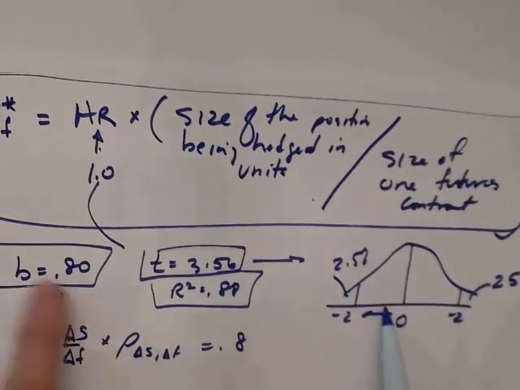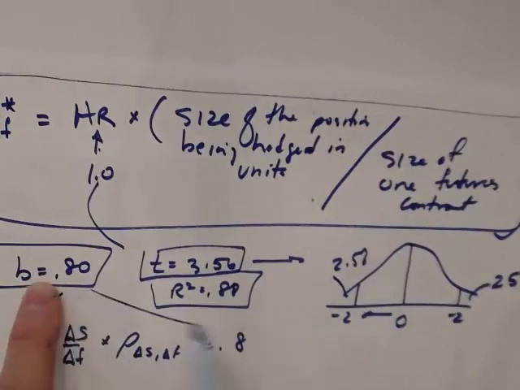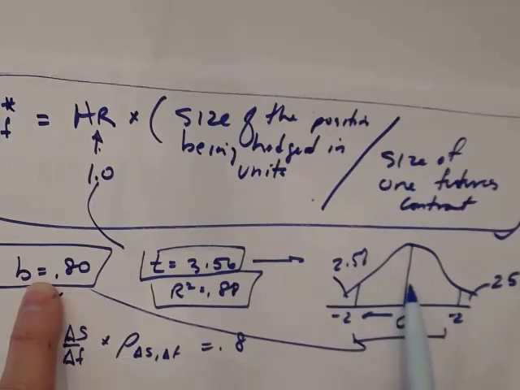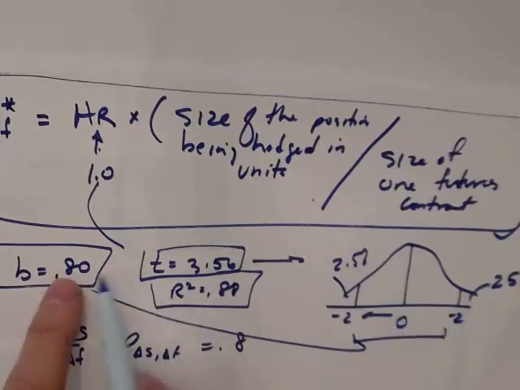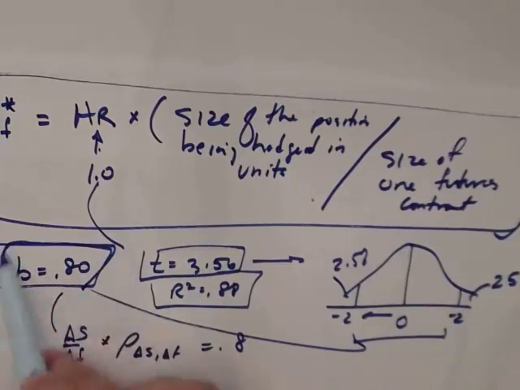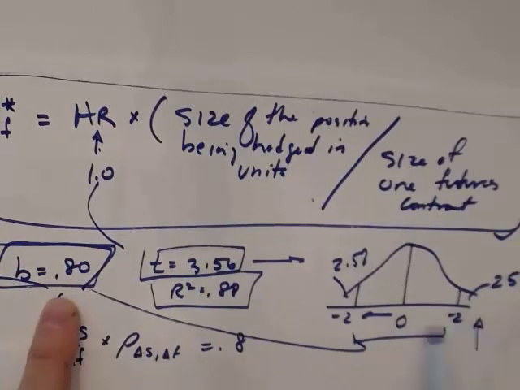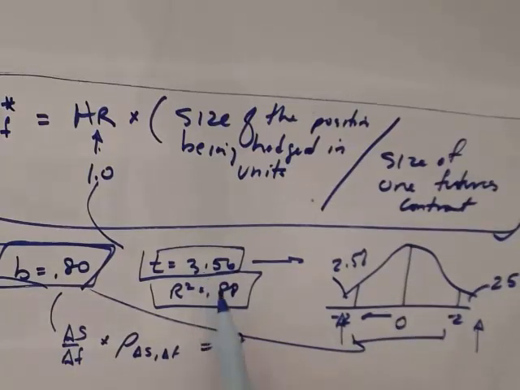If your beta falls into this area, you can't reject the fact that it's basically 0. Right? If you want to rely on this for hedging purposes, you need to be outside of these 2 standard deviations, and we're almost 4 standard deviations away, which is how to interpret that.